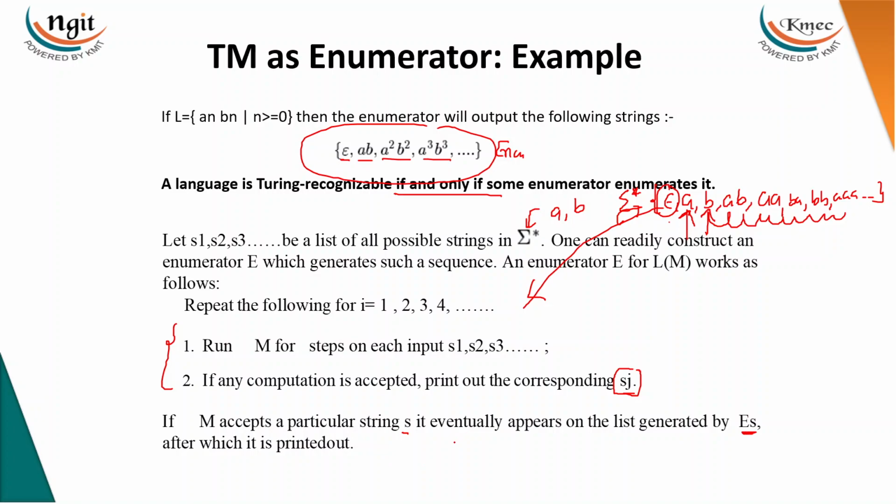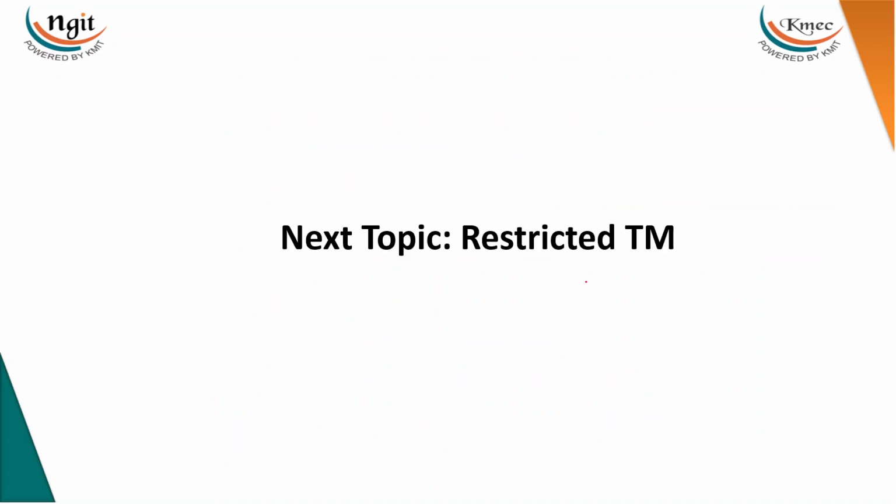Okay, so in the next video we'll discuss restricted Turing machines. See, we have discussed modified Turing machines. We have discussed variations of Turing machine. Modification means the changes we have made to the standard Turing machine. Variations means we are adding some extra features to it, like tapes or dimensions.